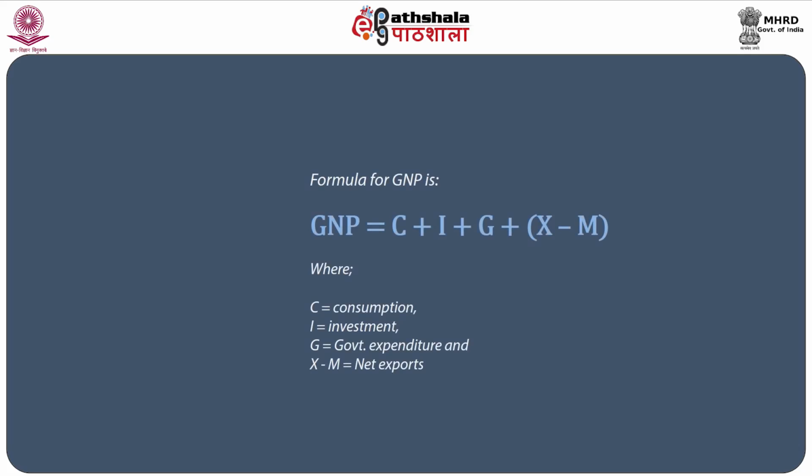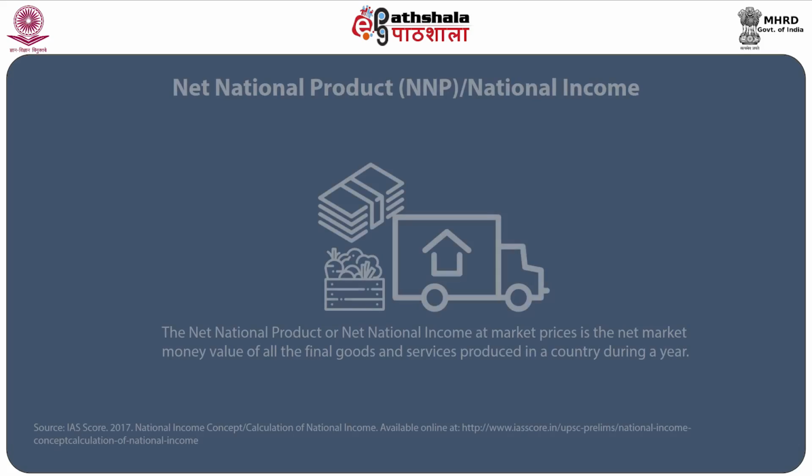The formula of the GNP is GNP = C + I + G + (X - M), where C is the consumption, I is the investment, G is government expenditure and X - M is the net exports.